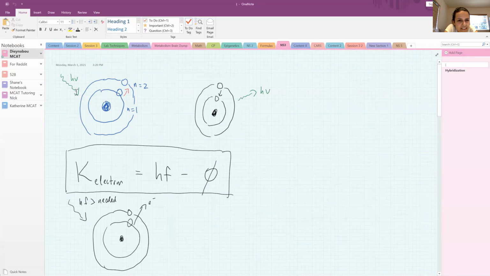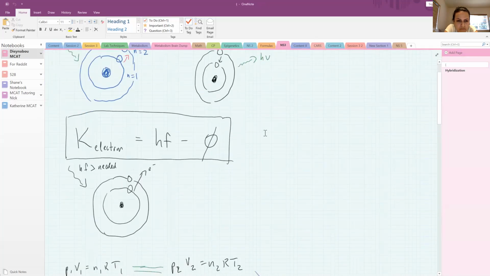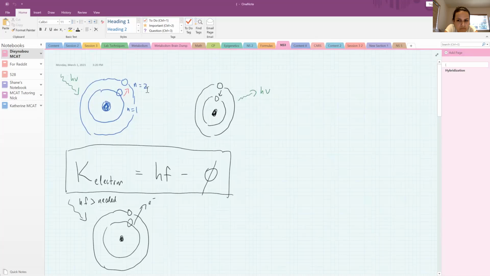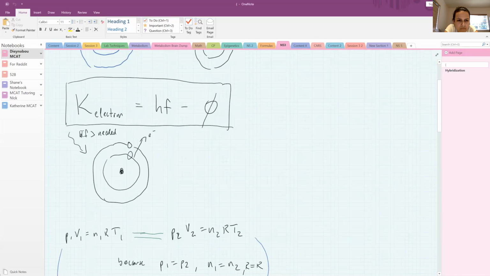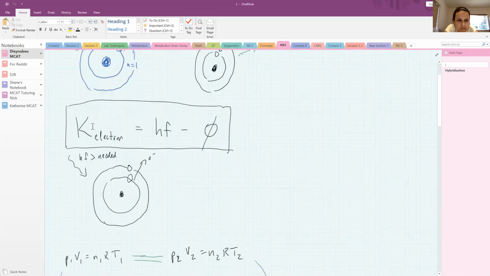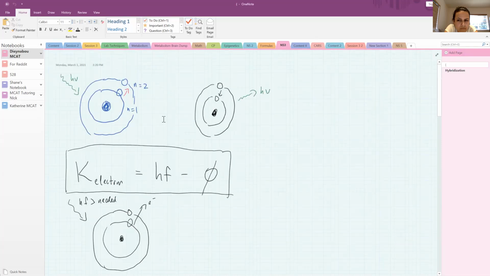But yeah, let's say a photon hits it, and it causes it to get to an excited state. And then when it goes back to the ground state, it emits a photon with equivalent energy, right? Now let's talk about if the photon energy was greater than that needed to cause it to get excited.